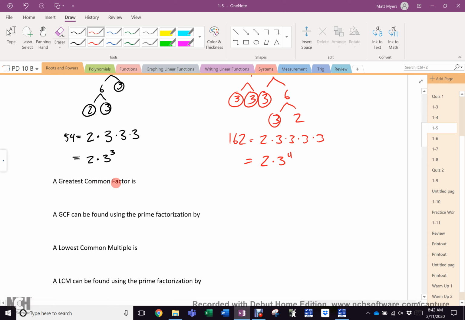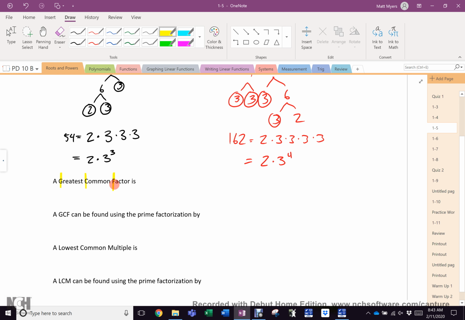So a greatest common factor. First of all, they are called GCF. We will use that term all the time. Now, factors. Are factors whole things, or are they parts of other things? Parts of other things. Factors can never exceed the number with which you are working, right?